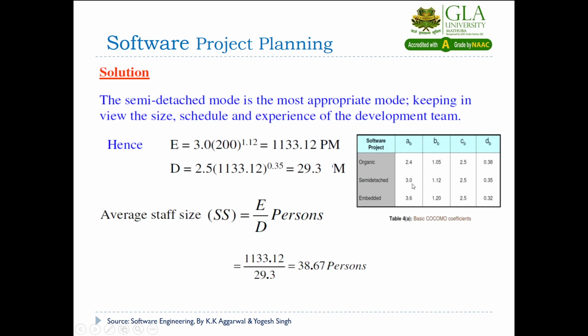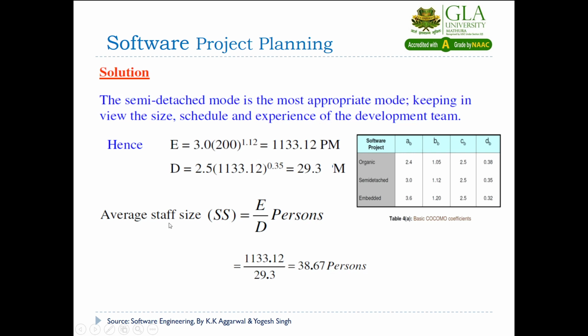So we take the formula for E and we put in the values for semi-detached, 3.0 and 1.12, and the KLOC given to you, 200. You will compute the effort, then you will take the duration. For the duration you will take the values of C and D from here, and the effort that you have already computed you will use here, and then you will be able to compute the duration.